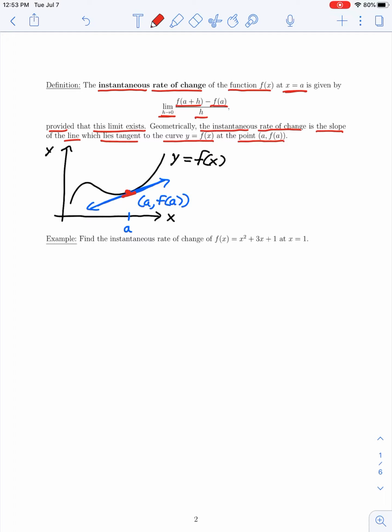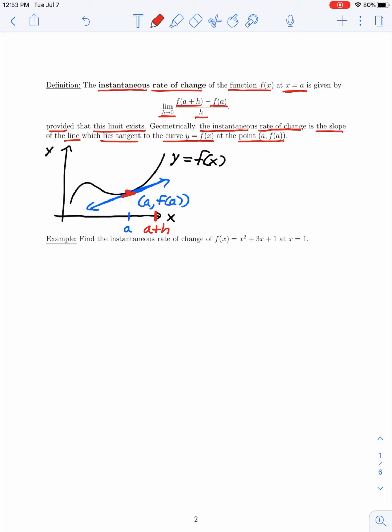Now, we don't know how to find the slope of this line directly at this point, but what we had seen in the first part of this section is how to find the average rate of change. So let's say that I chose another point on my curve. Let's say I choose another value of x, maybe something a little bigger than the value x equals a.